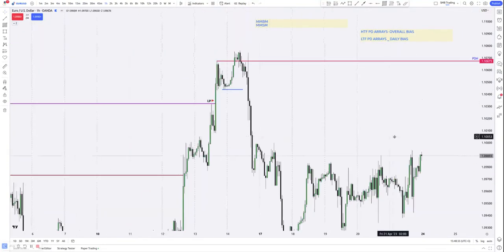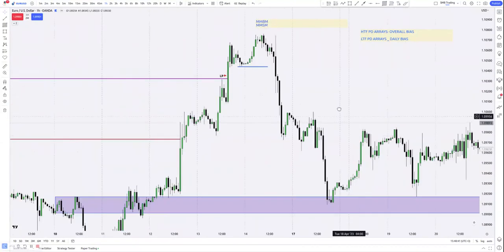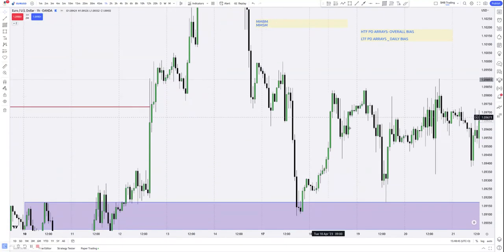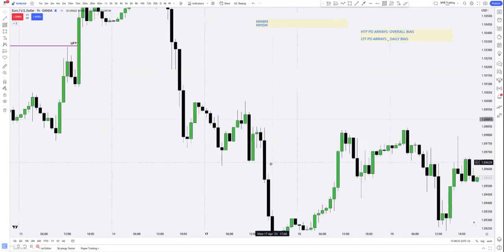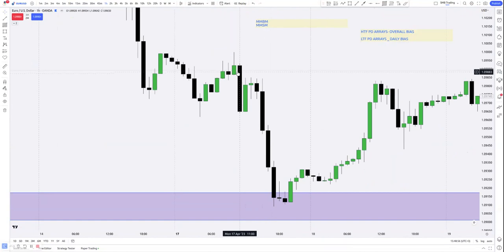Let me continue with more examples here. So now, this was on the 14th. So let's look on the 15th. This candlestick is London.